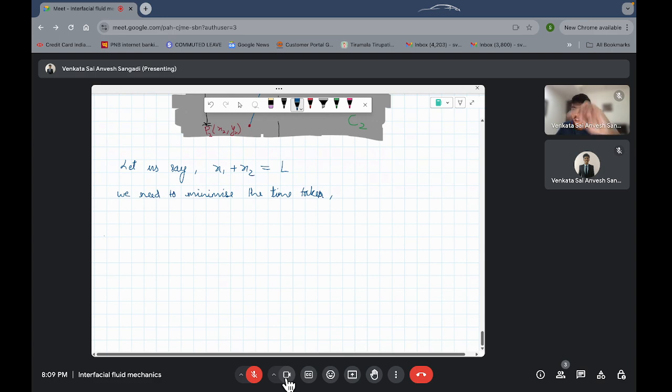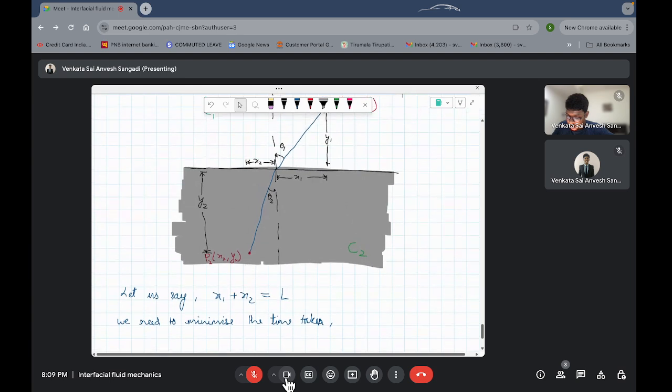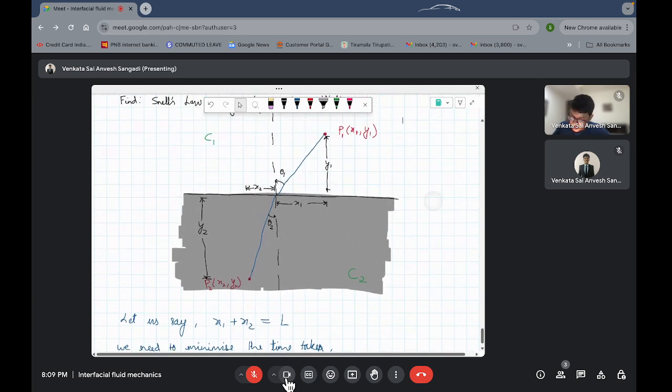So we will write the transit time, the time traveled, in terms of R1 and R2.